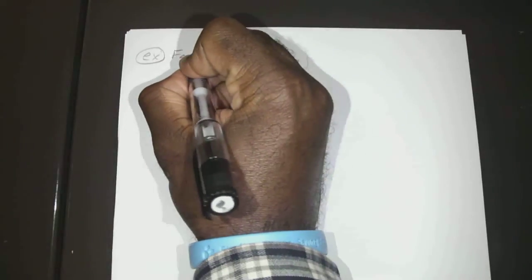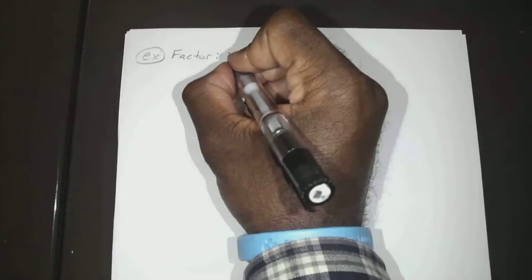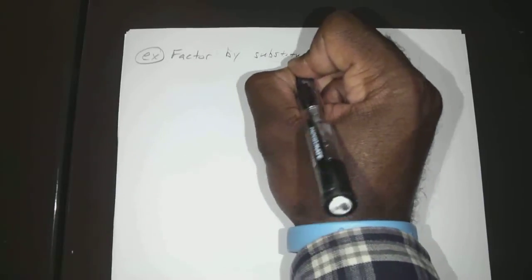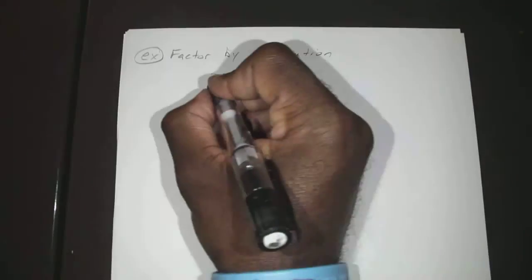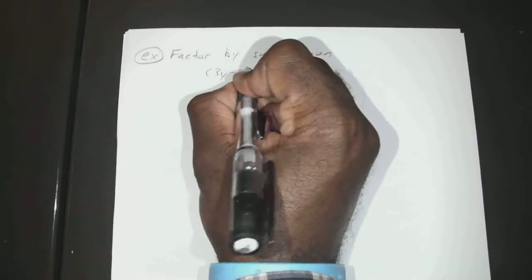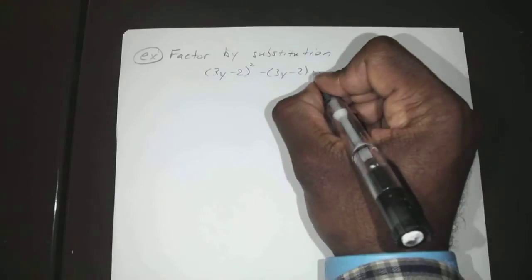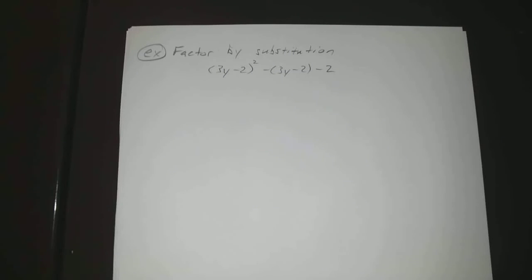All right. So let's say, for example, we wanted to factor by substitution. Say 3y minus 2 squared minus 3y minus 2 minus 2. Okay, so you're going to use the exact same steps that we used before.